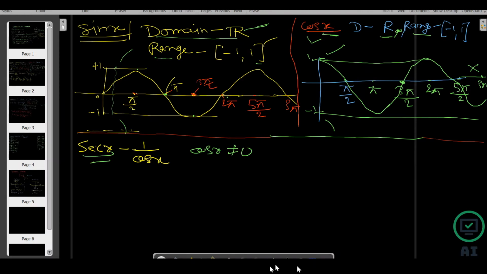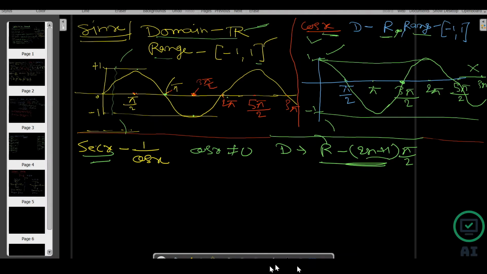That means wherever the cos x is taking value 0, this particular function will not be defined. So what is the domain of this function? R minus (2n plus 1) pi by 2. At these places sec x will not be defined. So we take all real numbers and subtract where cos x is taking 0.